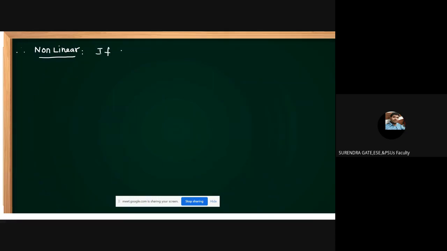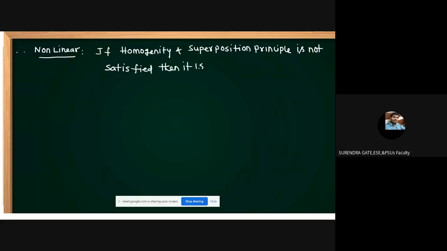Mathematically, if homogeneity or the superposition principle, if any one principle is not satisfied, then it is a non-linear element. Then what is an example of non-linear? Take the example of a diode. Diode is a non-linear element.